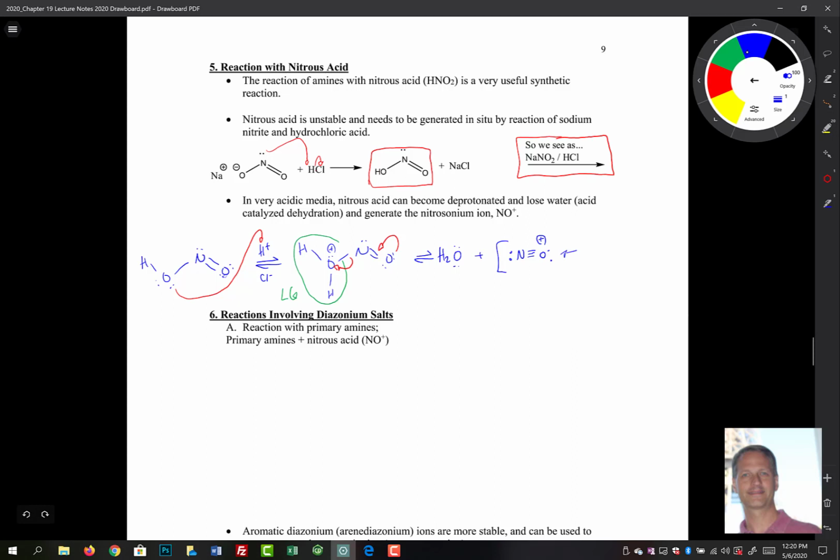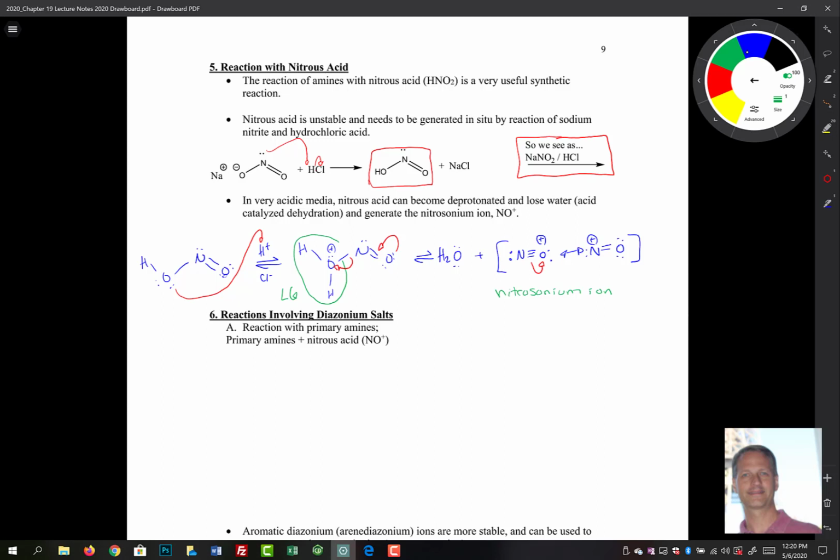And that's resonance stabilized. So we can do this. And that would give us our nitrogen with a positive charge, and then our oxygen neutral down here at the end. Now this ion is the nitrosonium ion.